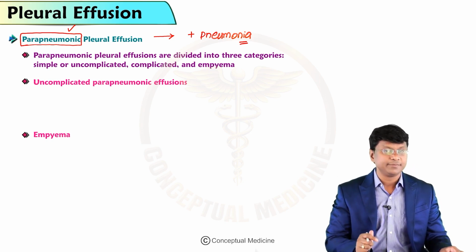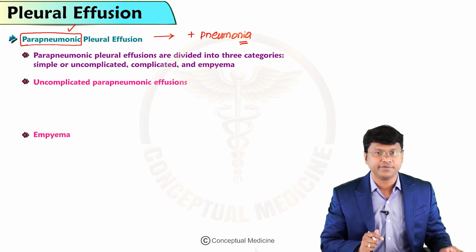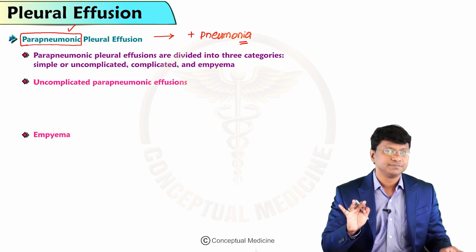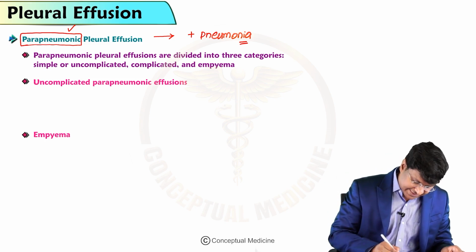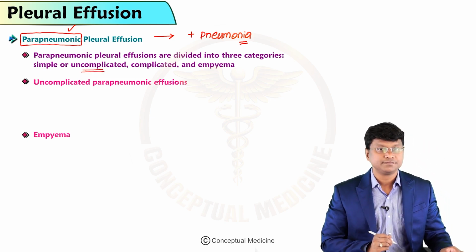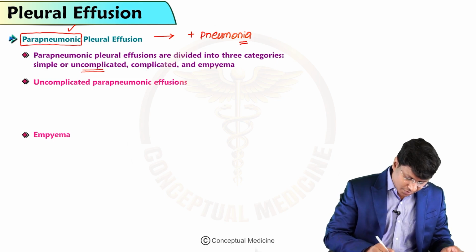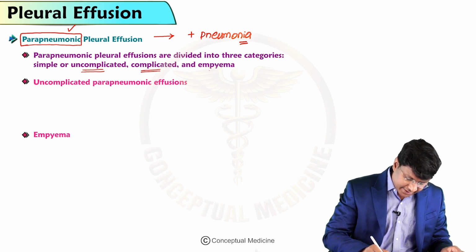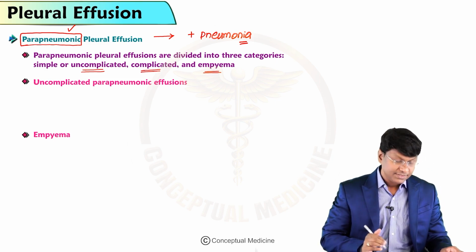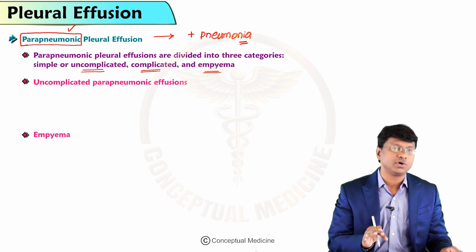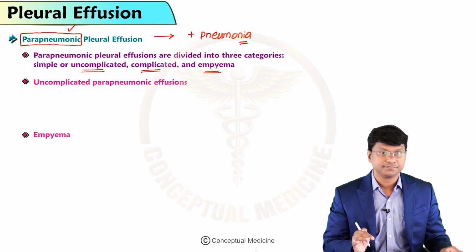Then we use the terminology parapneumonic pleural effusion. And we have three types. Number one, simple or uncomplicated parapneumonic pleural effusion. Number two, complicated pleural effusion. Number three, empyema. These are the three categories of parapneumonic pleural effusion.